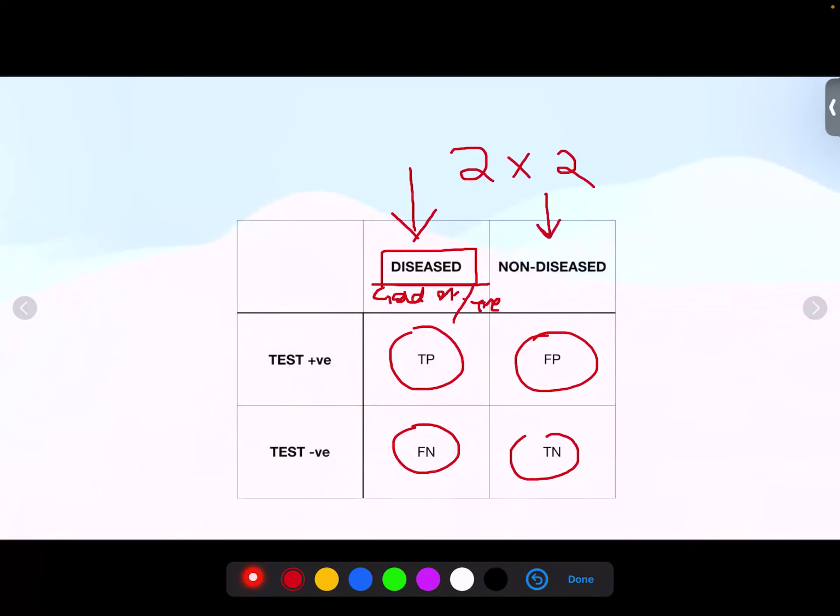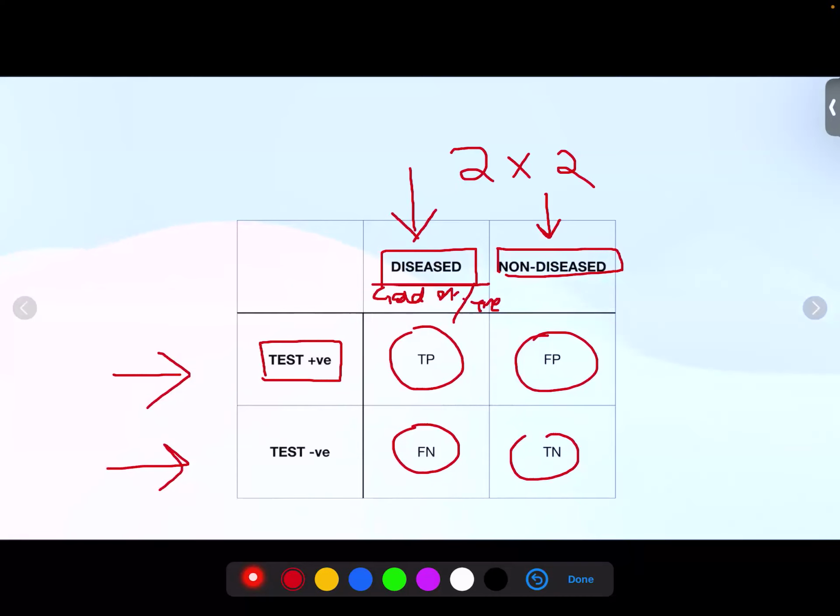The second is non-diseased, which means that by diagnosing from a gold standard test, they are negative individuals. Okay, and here in the horizontal plane you have the comparison. So here you are writing the screening test which you are actually testing.